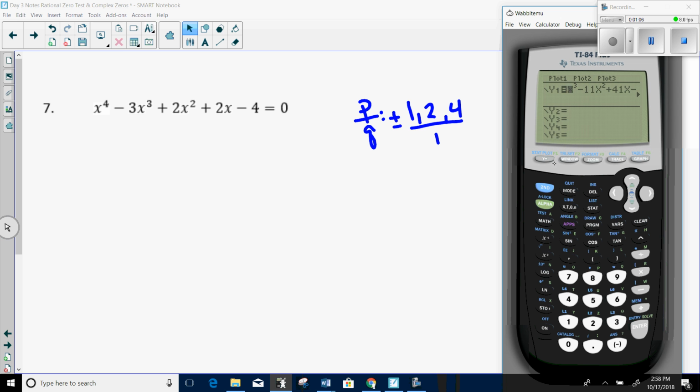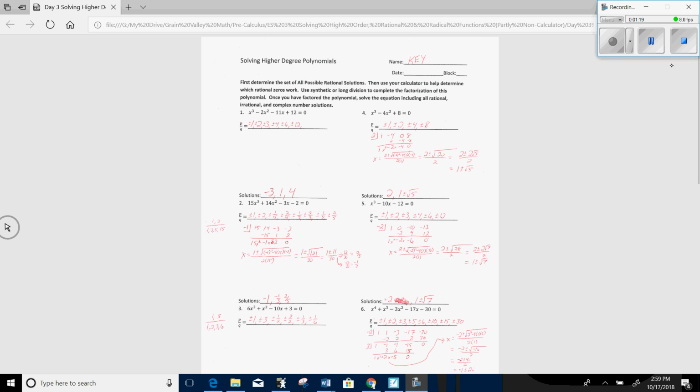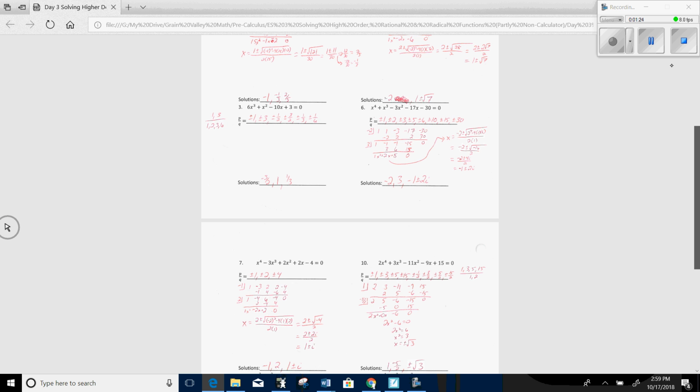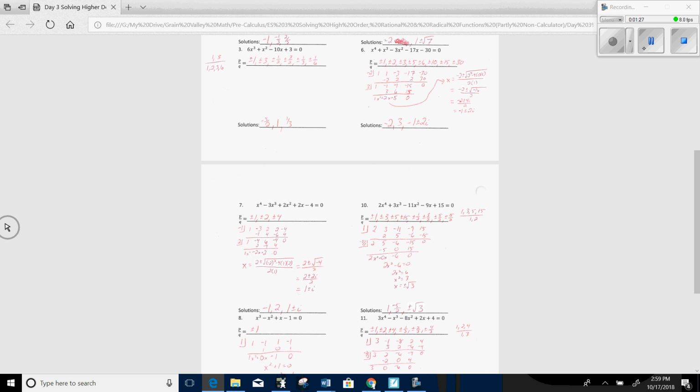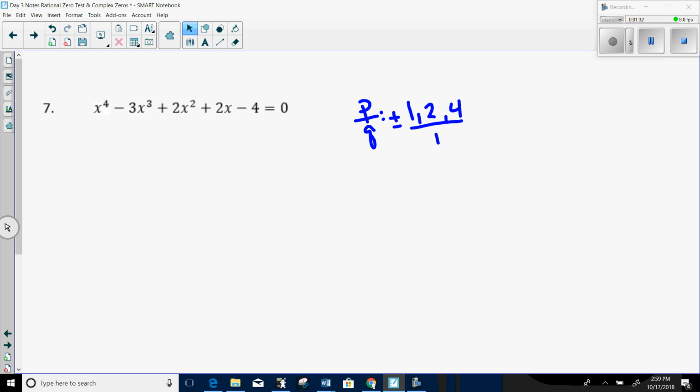You type this in, and you get the answers of x equals -1 and 2 when you type that into the calculator.